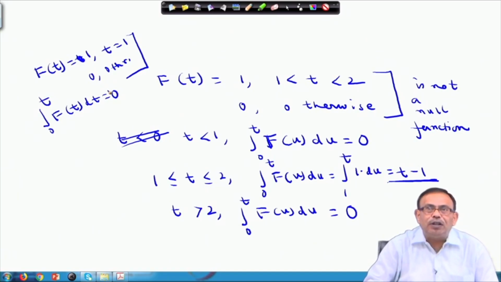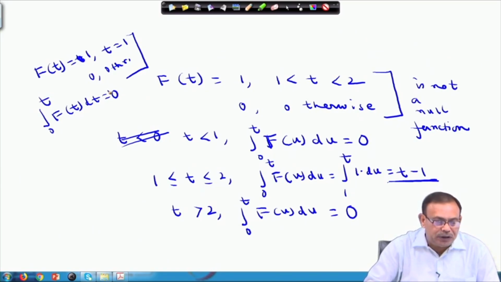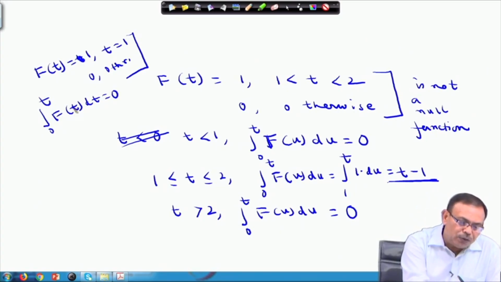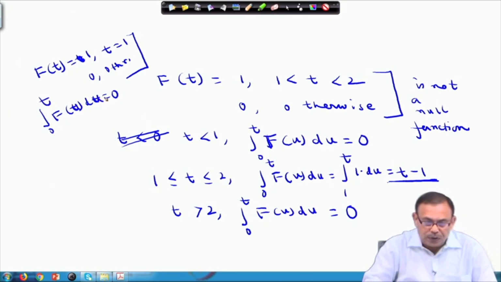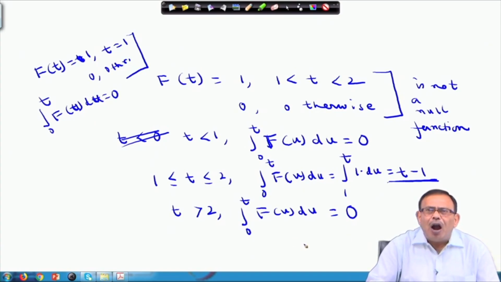So, a null function is a function such that whenever t is greater than 0, if you integrate from 0 to t of f(u) du, then in that case your value will be 0. You may ask why we are going for the null function.